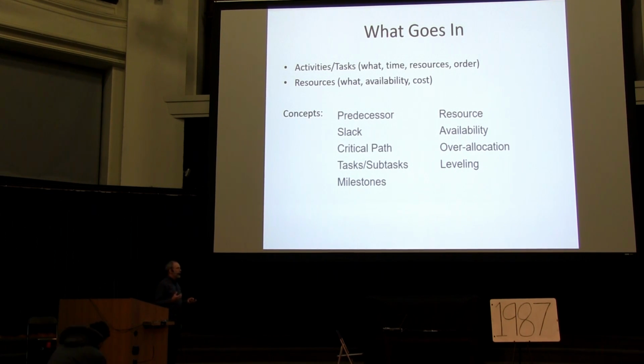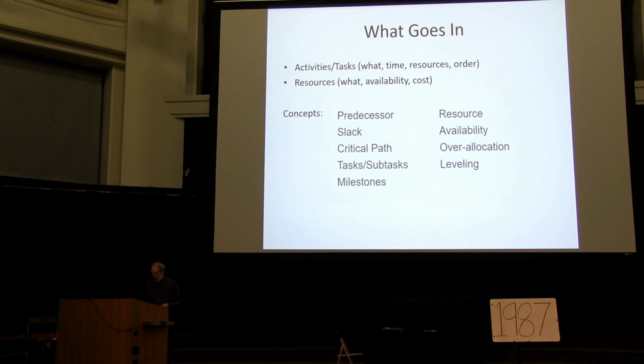You put in the activities, the tasks, and with those tasks, you associate some sorts of timing and resources, and you also apply an order to them. In terms of the resources, you have to worry about availability, you have to worry about cost, and so on. So that can all go in.